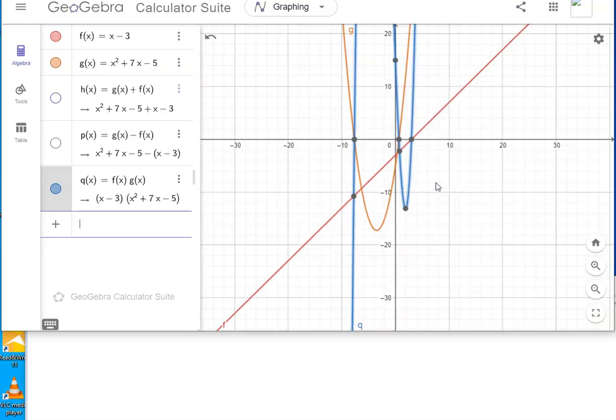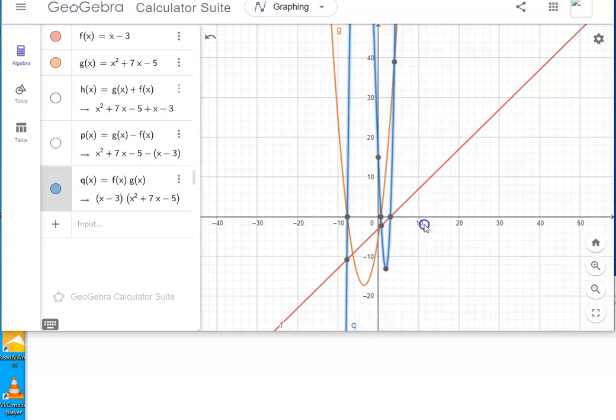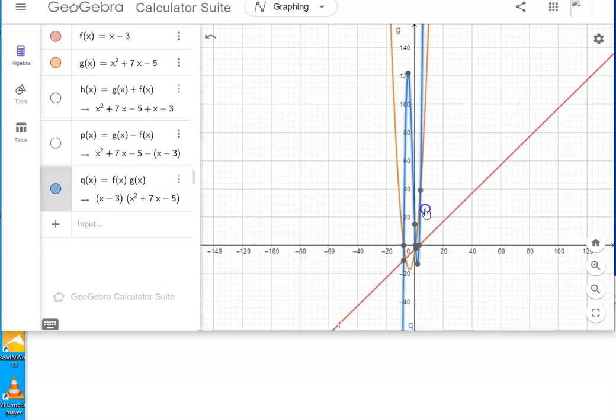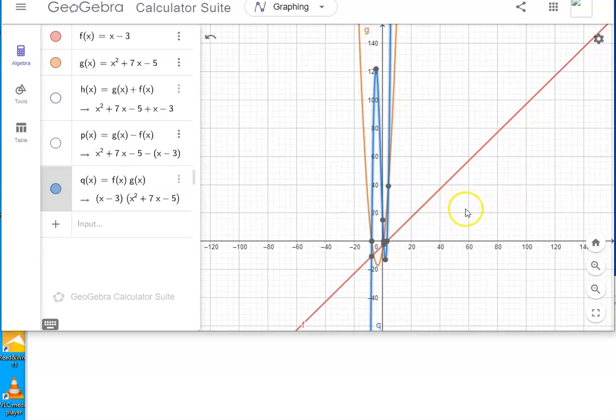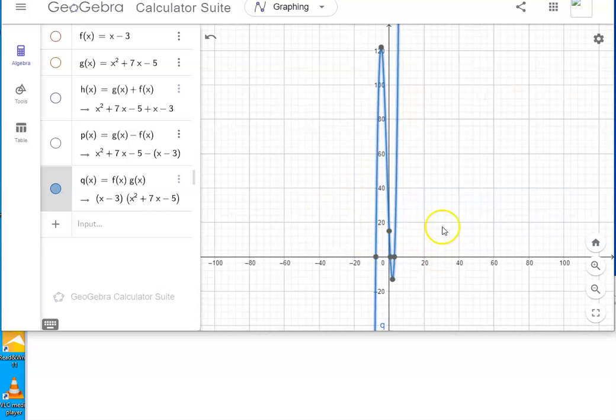I get a little squiggly going. When I'm multiplying, I get an x cubed in there, and when I have an x cubed, that usually means I have a more squiggly looking function. There is my f of x times g of x. When you have a cube in there, your function does a little more wiggling around. You think that looks kind of weird?